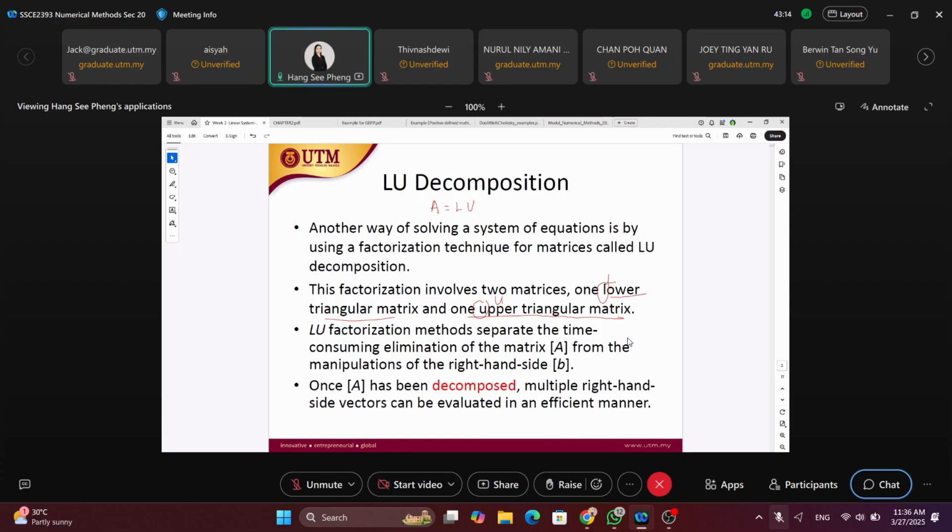So once we use the LU factorizations to rewrite the matrix A into the form of L and U, then we can solve it in a more efficient way.